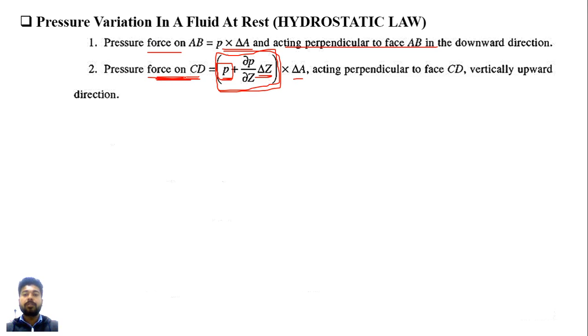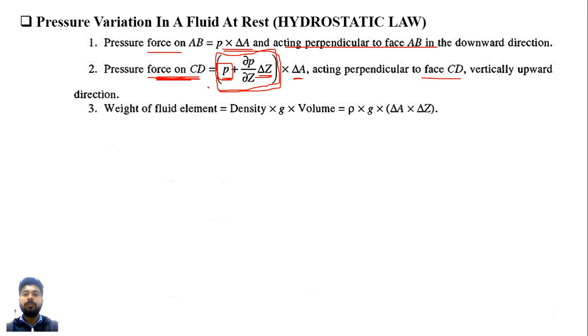So your force, which equals pressure into area, is applied on face CD in a vertically upward direction. Let's say the vertically upward direction is positive or negative. You can see that the two forces are applied in opposite directions.